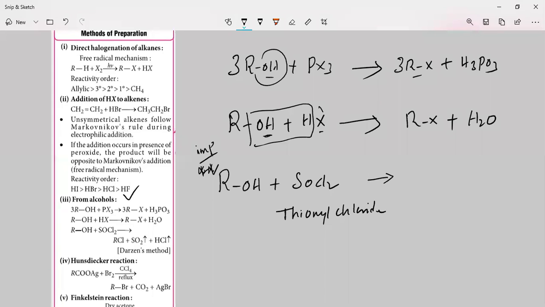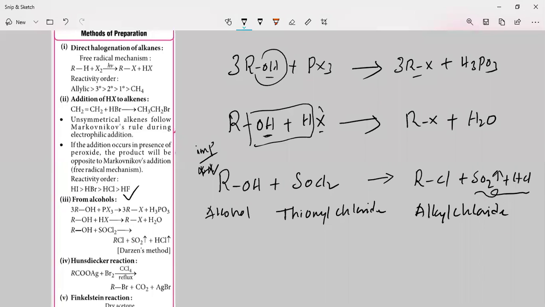Why? I will say here. When you take alcohol and react it with thionyl chloride, in the place of OH, Cl will come, and SO2 gas and HCl will be evolved, and you get alkyl chloride, right? Why is this the best method? Because of the byproducts.